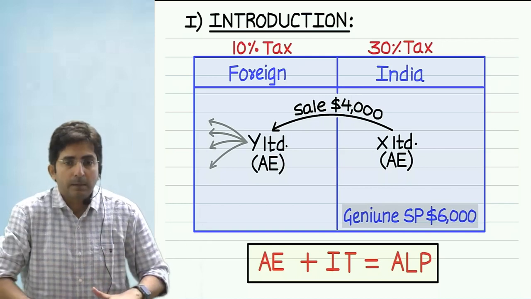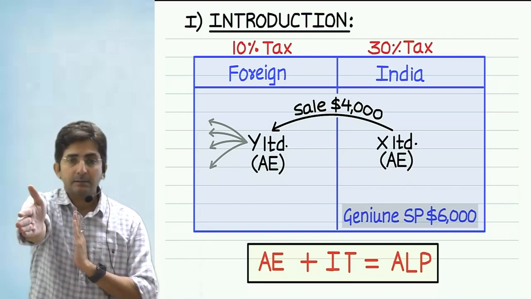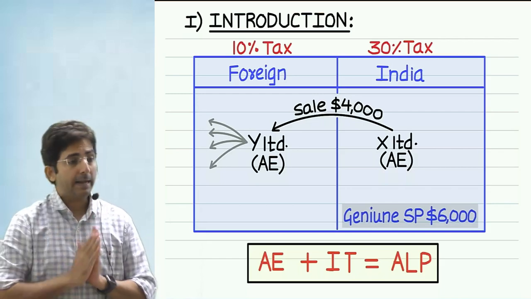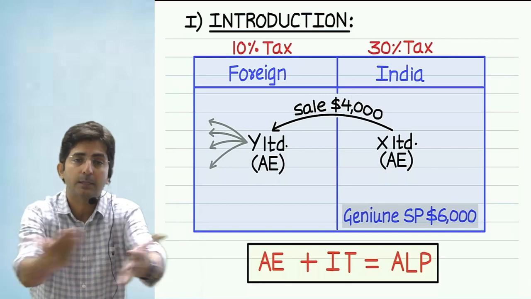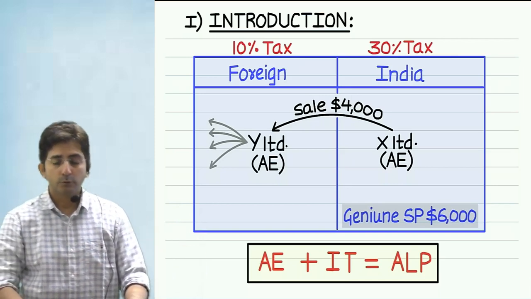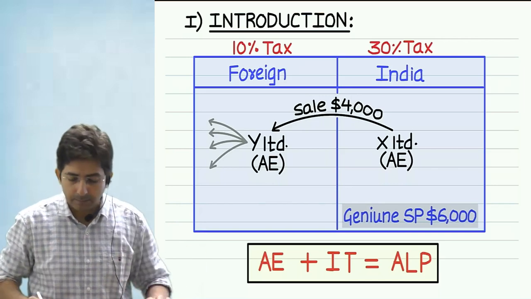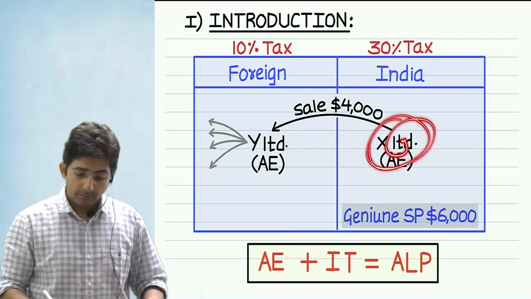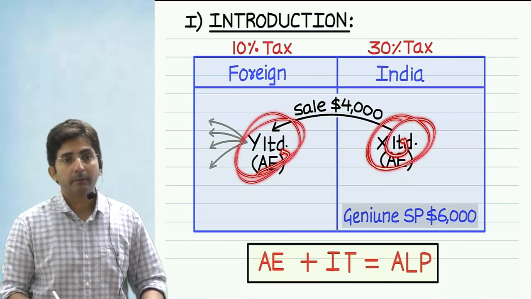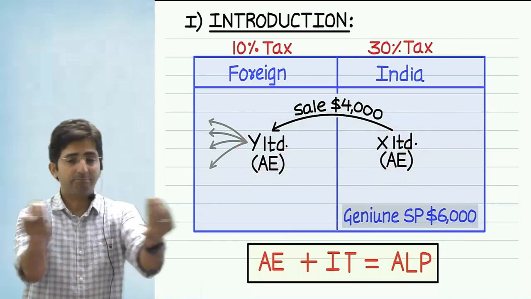So tell me, in this example, I and X are associated. I and Y are also associated. Even X and Y will be treated as associated. Same example: X is controlled by me, Y is also controlled by me, and between X and Y there is nothing.